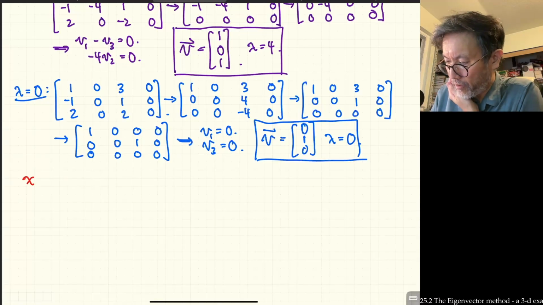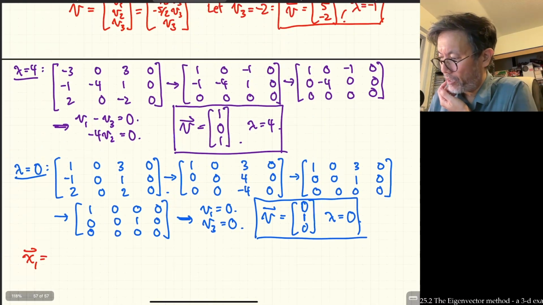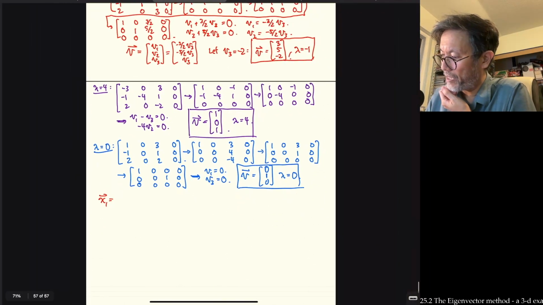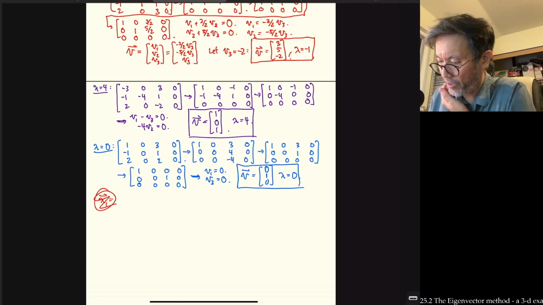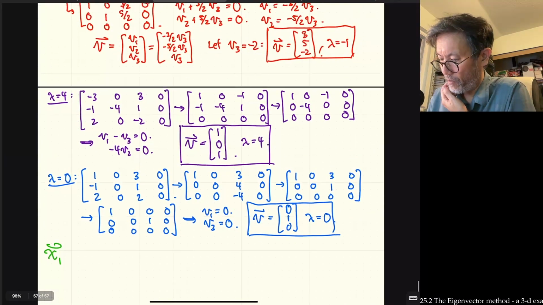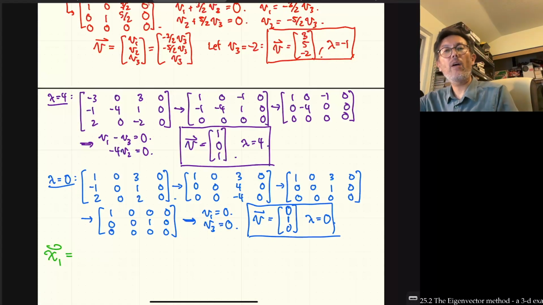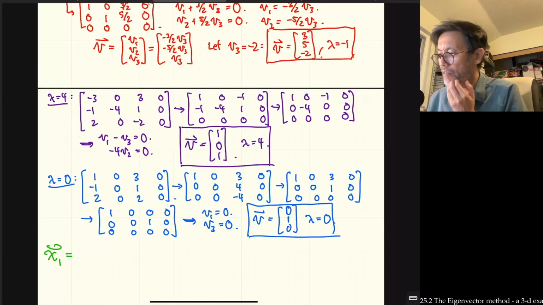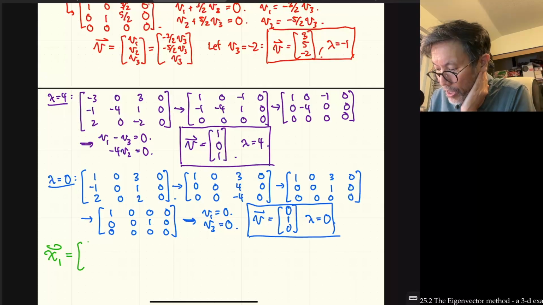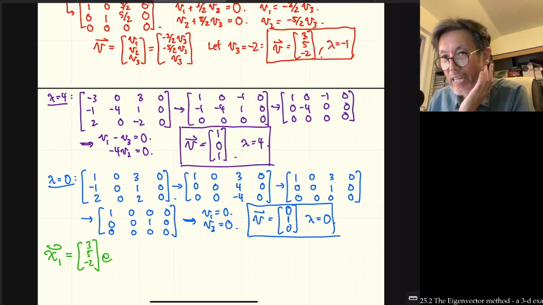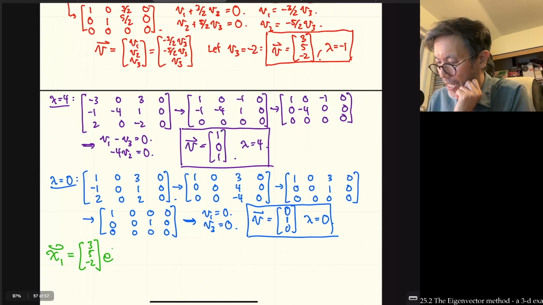So x1 is going to be the eigenvector that corresponds to the red eigenpair that I've computed. So remember, our ansatz is V e to the lambda t. So that's going to be 3, 5, negative 2 times e to the lambda, which is negative 1. So that's negative t.